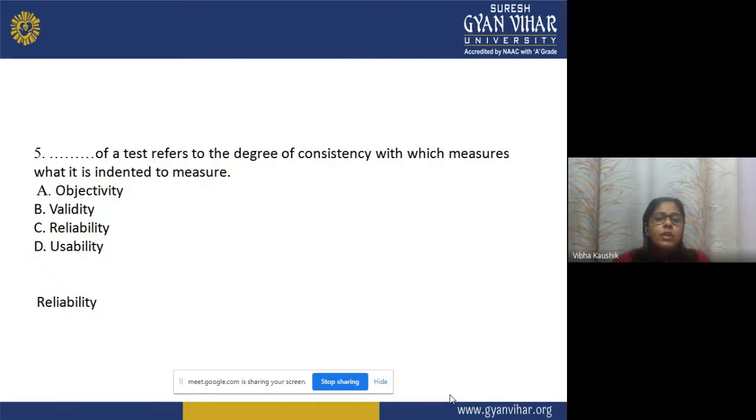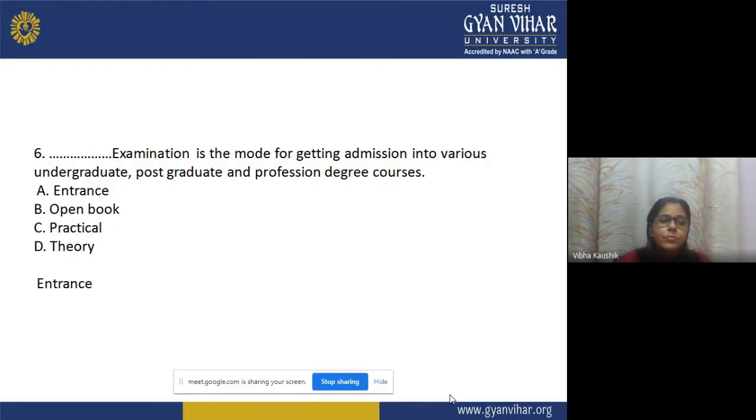Dash of a test refers to the degree of consistency with which it measures what it is intended to measure. The options are A. Objectivity, B. Validity, C. Reliability, or D. Usability. So the correct answer is option A, that is objectivity.